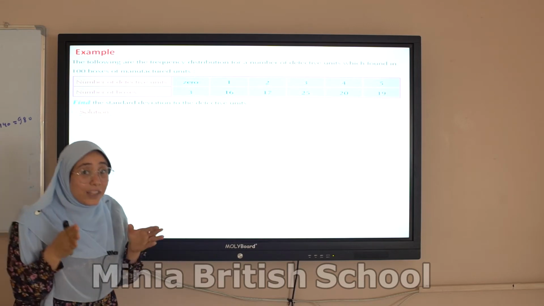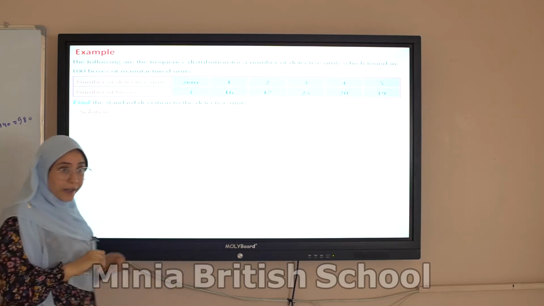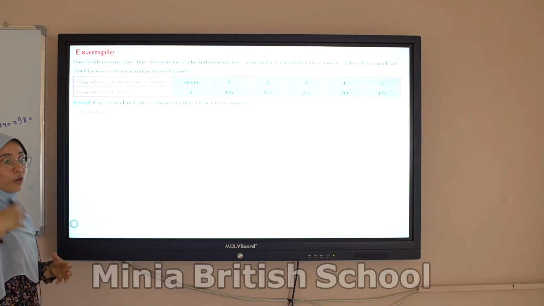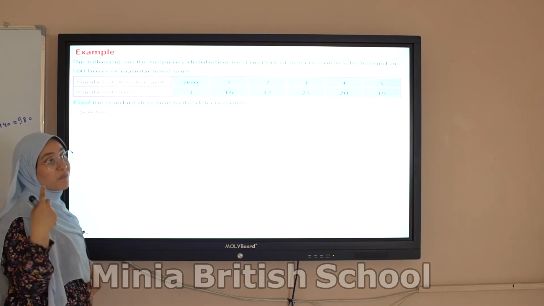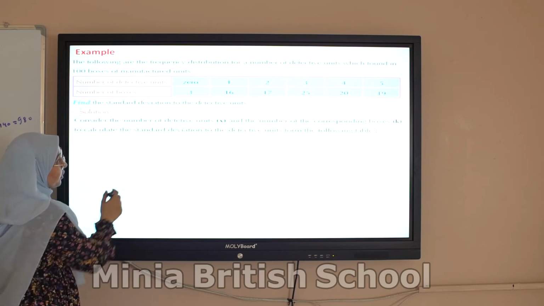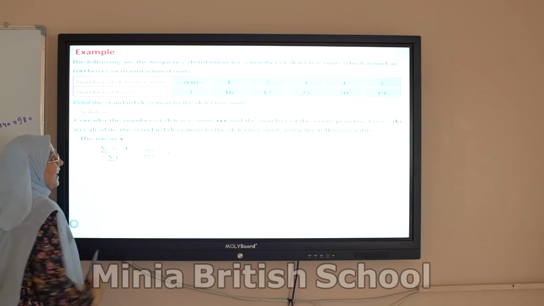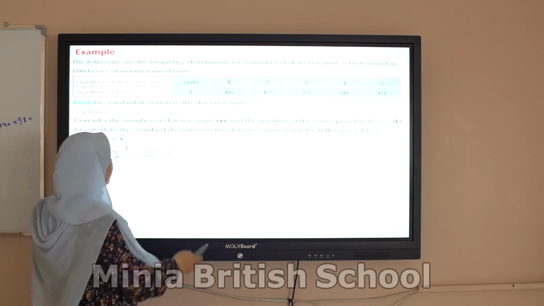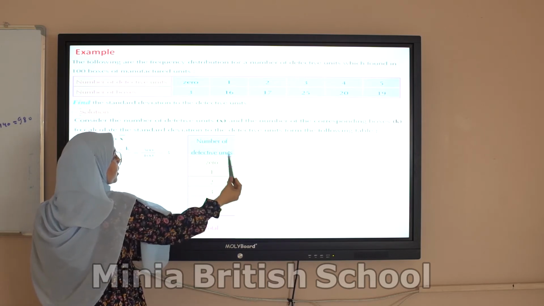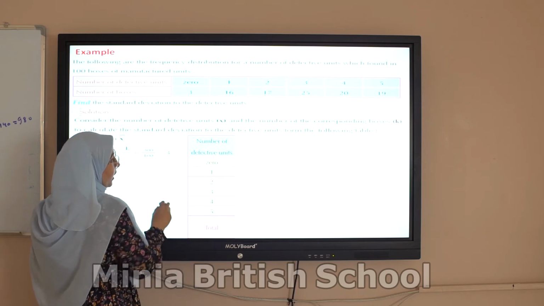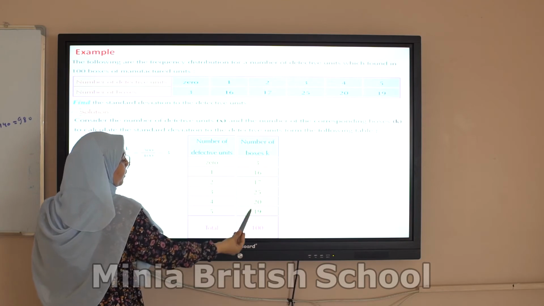First I will calculate the mean, x bar. To calculate it, I will find the summation of x times k. Here I have the table, the number of defective units and the frequencies.